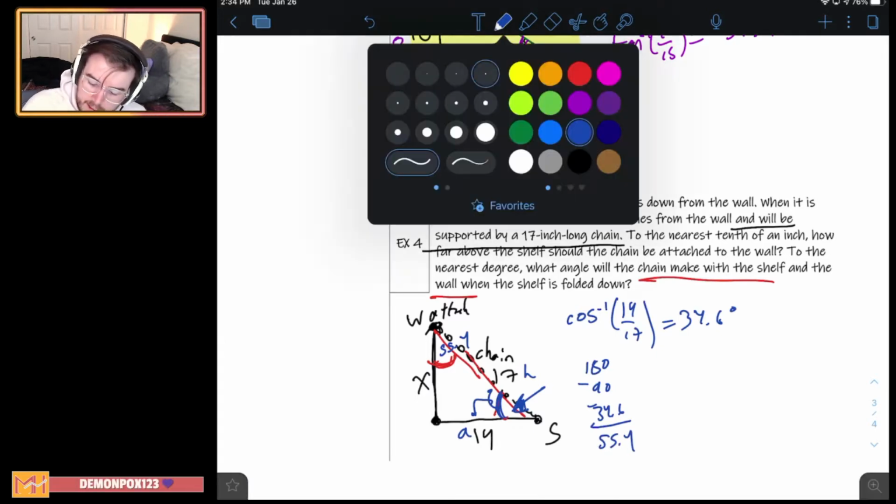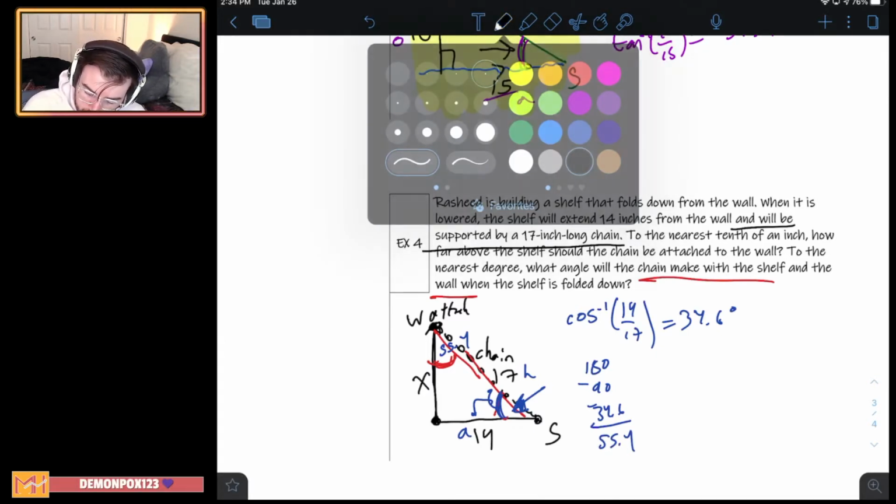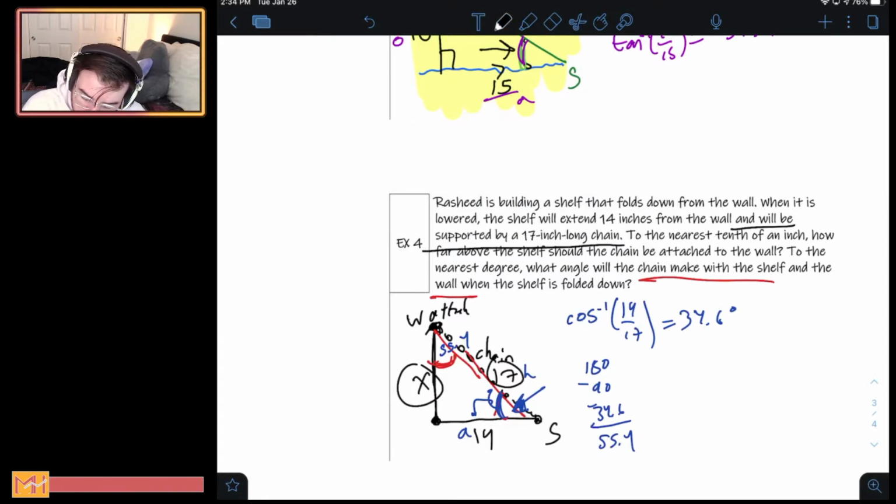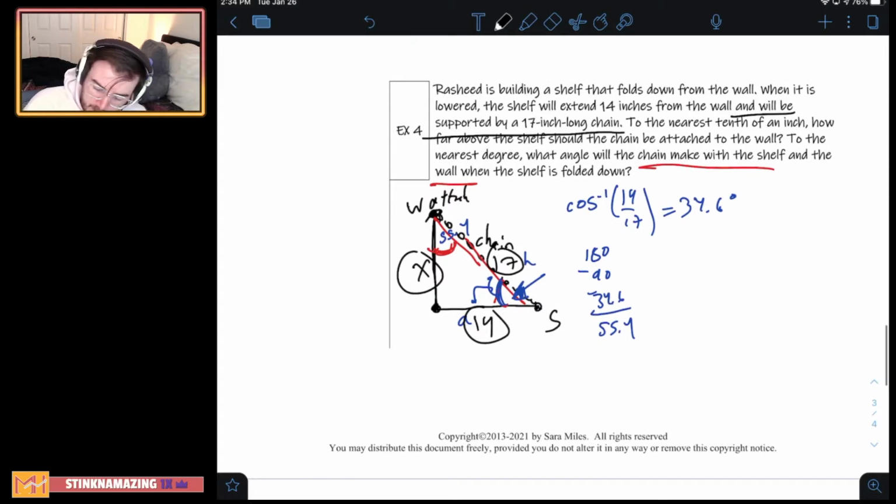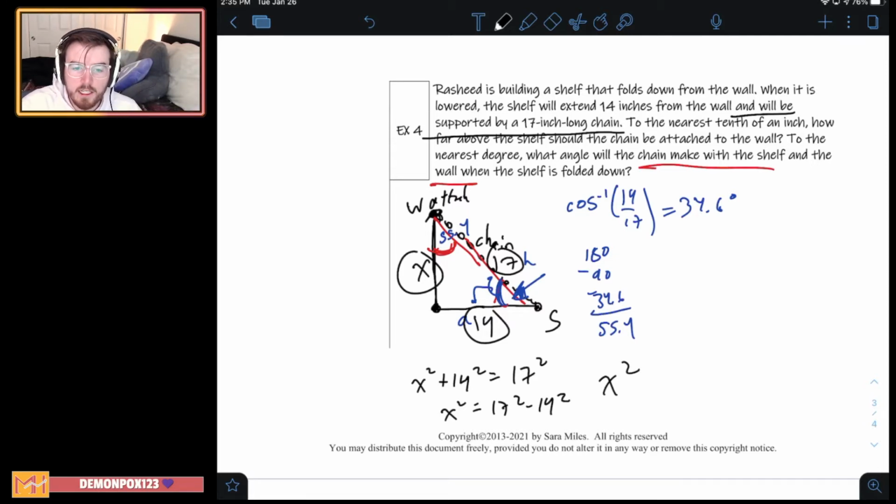What's the length of the third side? If you know 2 out of the 3 sides, you can just use the Pythagorean Theorem. X squared plus 14 squared equals 17 squared. X squared equals 17 squared minus 14 squared. You can't do 17 minus 14; you have to square them first.